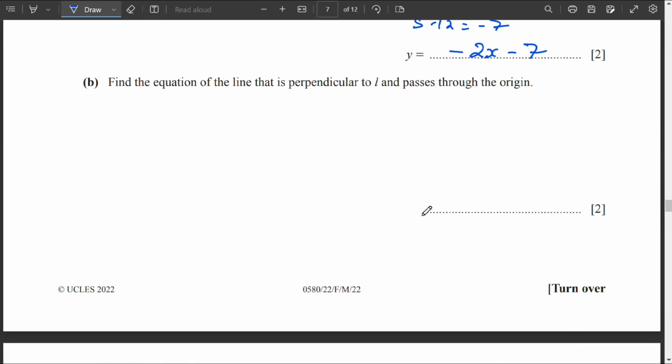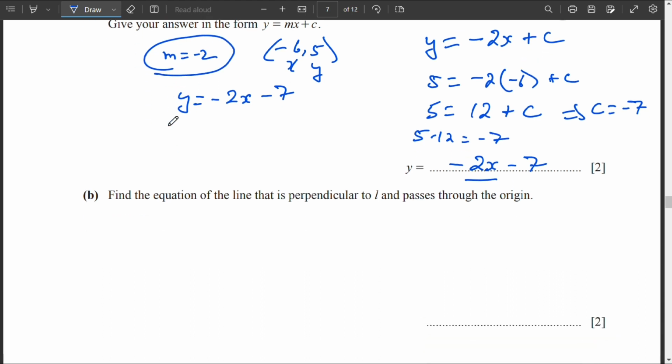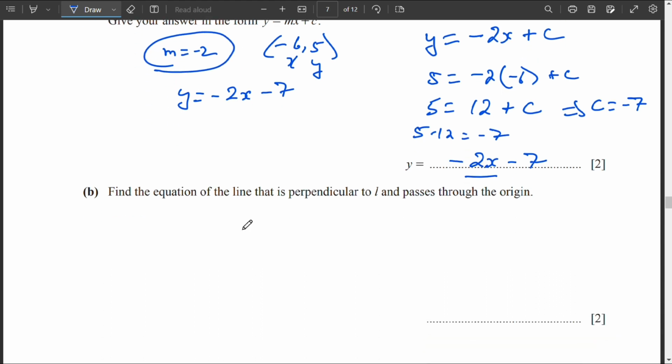Okay. Find the equation of a line that is perpendicular to L and passes through the origin. So they are saying it's perpendicular to L and passes through the origin. So first of all, we know that the slope of this line is minus 2. So we have to find the equation of a line that is perpendicular to this.